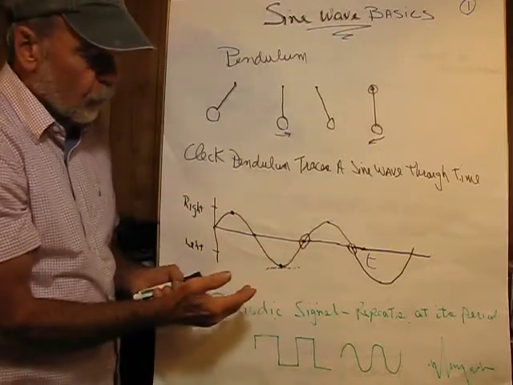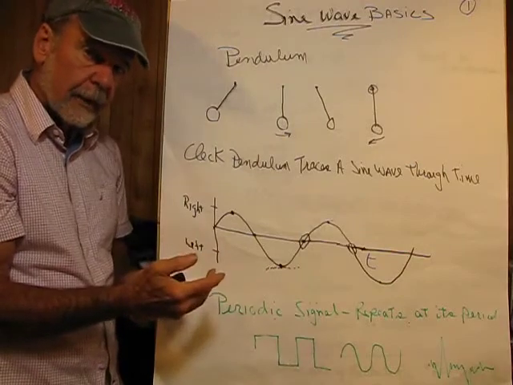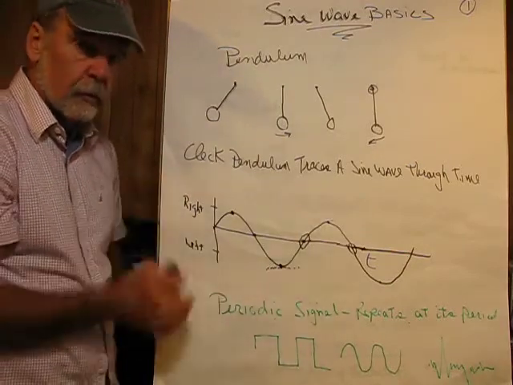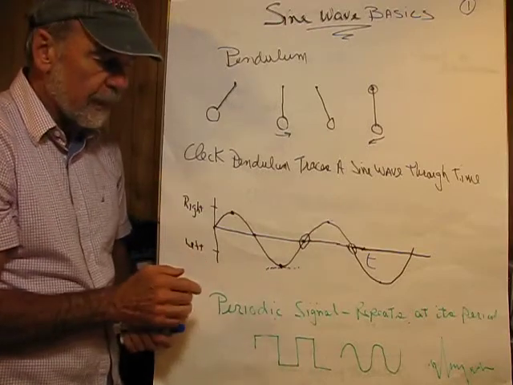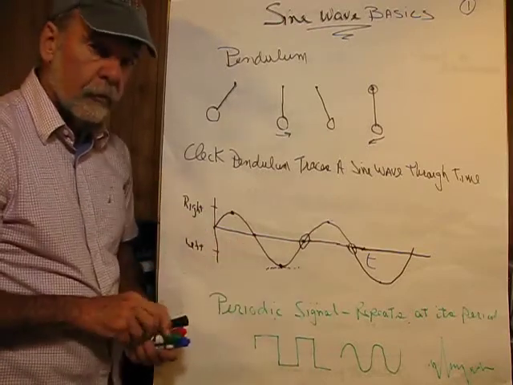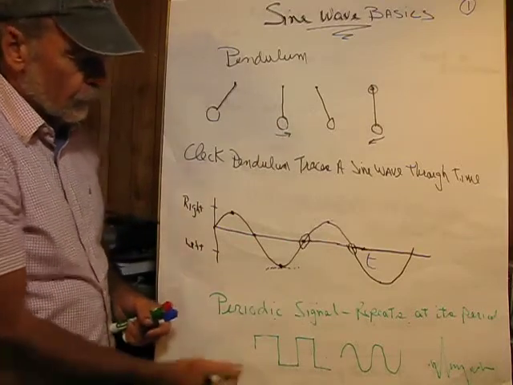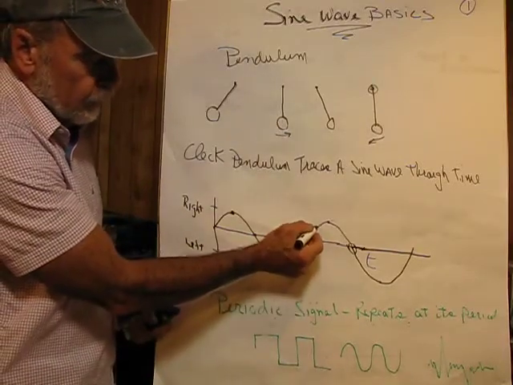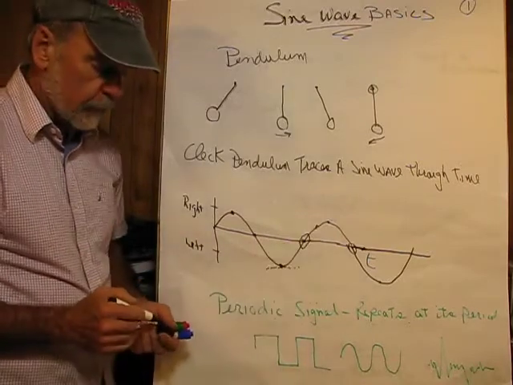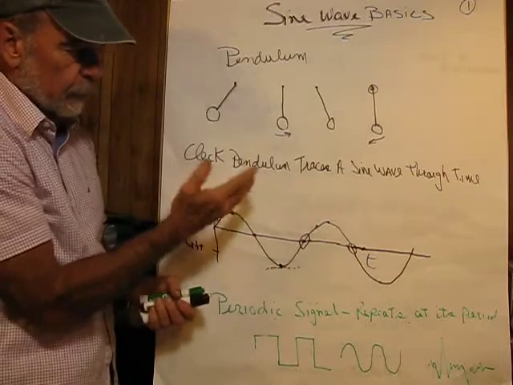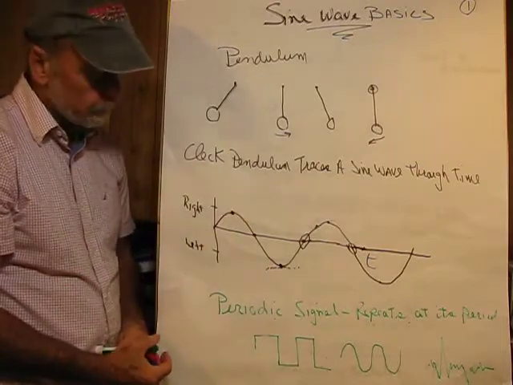What's not shown in here is the tick, and that's potential energy stored in the spring, which gives the pendulum a little push at the right time, which overcomes the friction and windage. Somewhere in here the little tick would manifest itself as a little bump in the sine wave, but we're not going to be concerned with that now. So a simple clock traces out a sine wave.